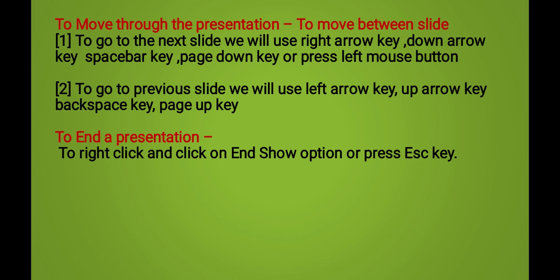To go to the previous slide we can use the left arrow key, up arrow key, backspace key, or page up key. And to end the presentation, children, we right click on the slide, an option will show, we click on that and the presentation will end. Also we can use the Escape key. Thank you.